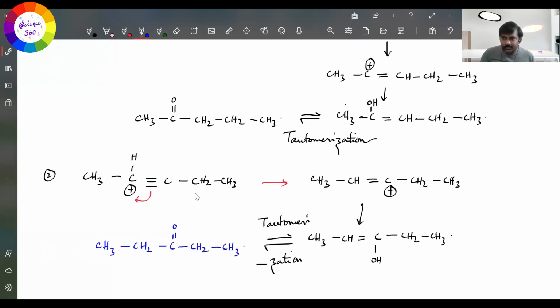So this will happen there. This is the complete hydration of the products. So complete hydration products of 2-pentyne. Among these two products, 2-pentanone and 3-pentanone, the more symmetrical ketone will be the major product. So this is the major product here, the more symmetrical ketone.